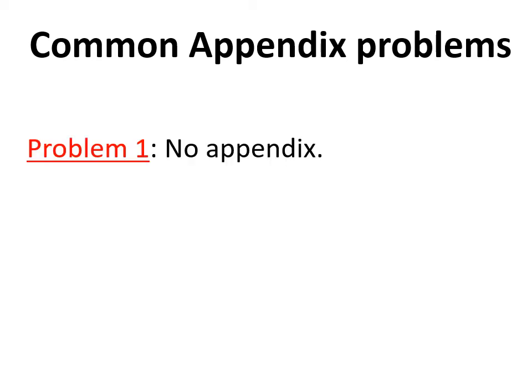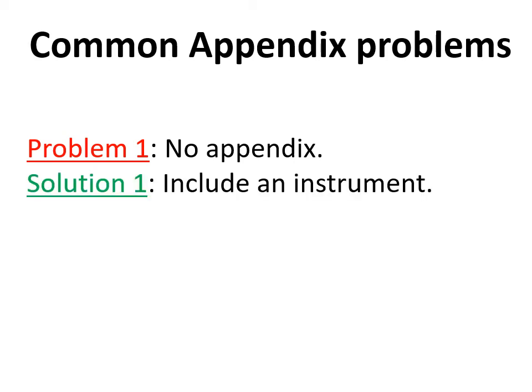So the first problem is that there simply is no appendix. And remember, I'm interested in an appendix that includes your instrument, or I suppose the papery part of your instrument.